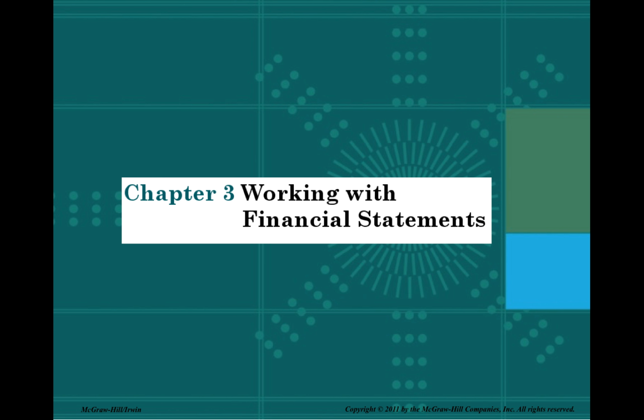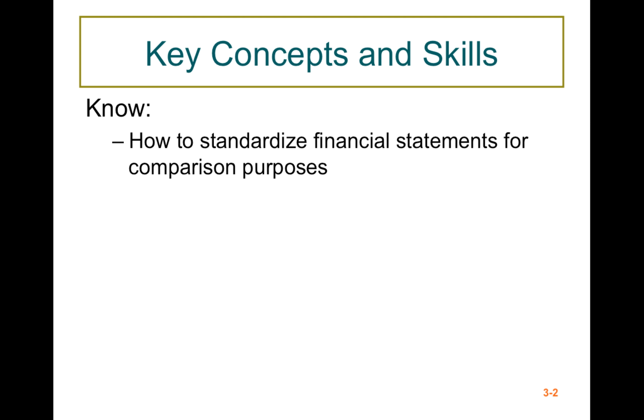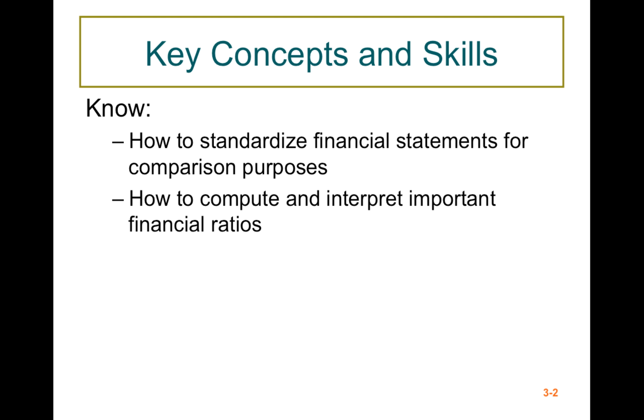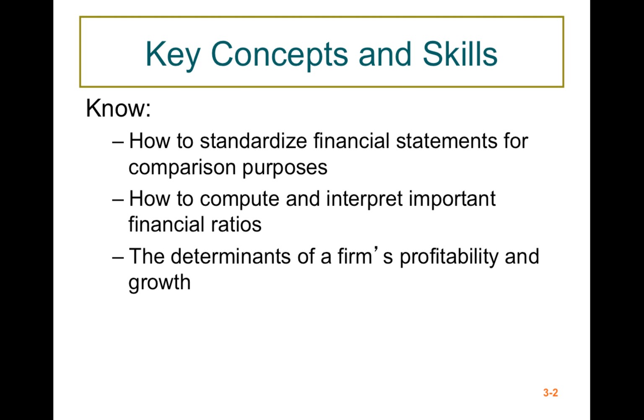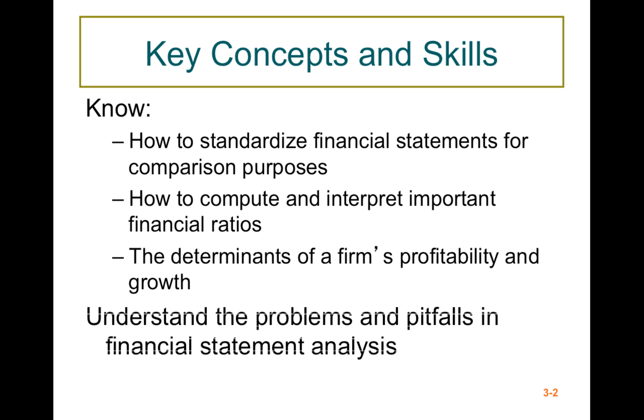Okay, so let's go through some of the key concepts and skills from this chapter. We're going to want to know how to standardize financial statements for comparison purposes. I don't know if you did that in accounting or not, but that might be something new that we discuss here. We want to know how to compute and interpret important financial ratios. We'll want to discuss the determinants of a firm's profitability and growth.